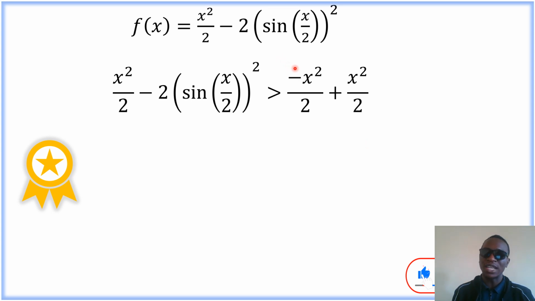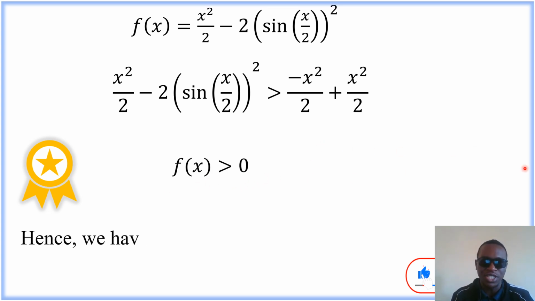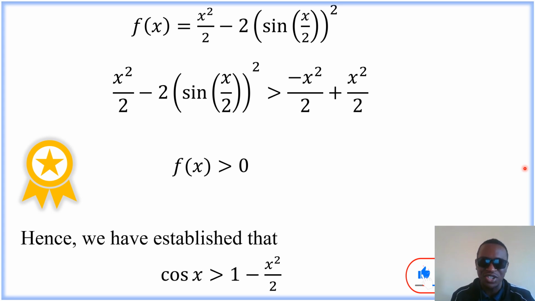So don't think twice here. This is automatically 0. And this left hand side is f of x. So we have that f of x is strictly greater than 0. Hence, we have established that cos of x is strictly greater than 1 minus x squared on 2 for all values of x greater than 0.